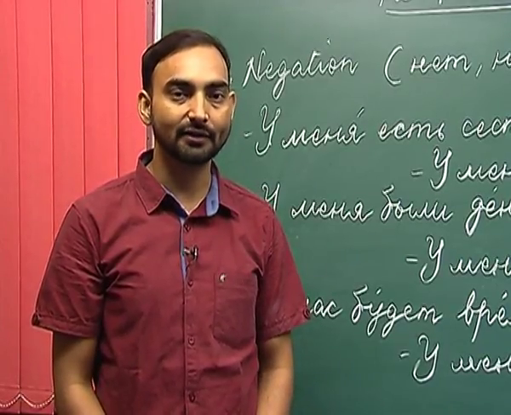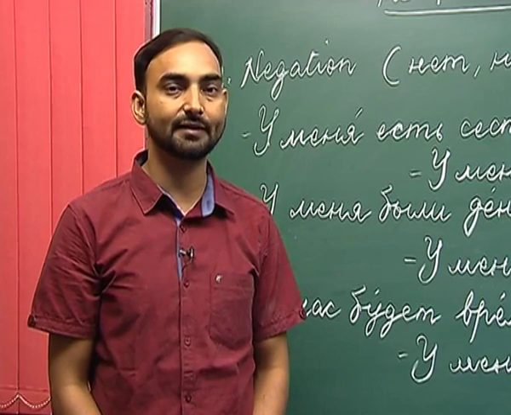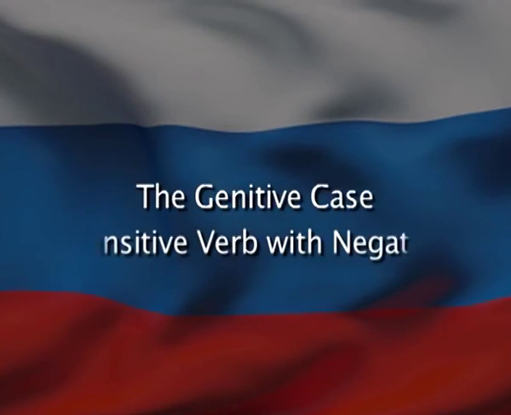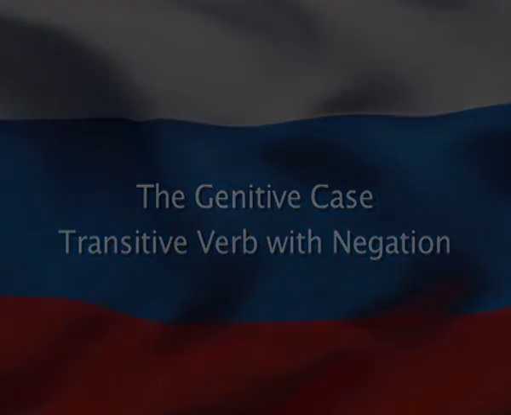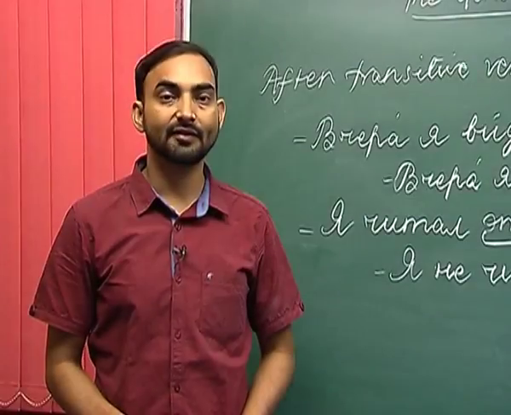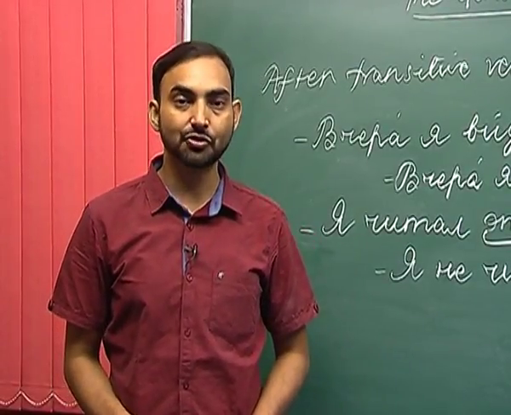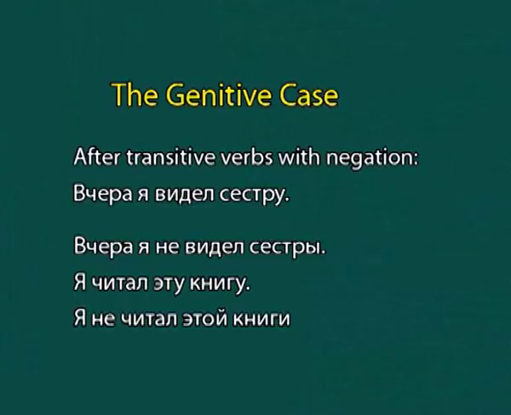We will now look at the third use of the genitive case of nouns. The genitive case of nouns is also used to show negation after transitive verbs. For example, вчера я видел сестру.